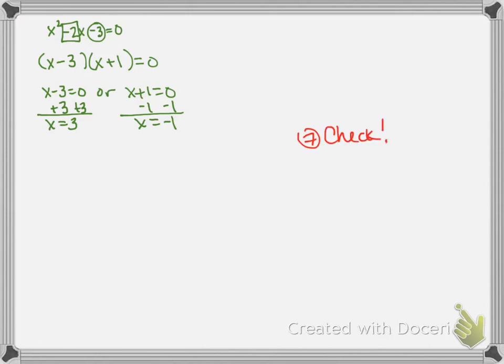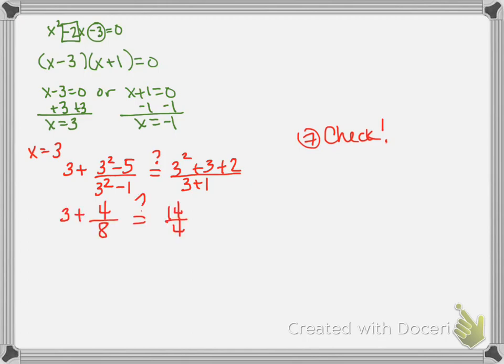But don't forget, we need to check. So let's first check x equals 3. And we're going back to our very original equation. So substituting in 3 for x, 3 plus 3 squared minus 5 over 3 squared minus 1. Does that equal 3 squared plus 3 plus 2 over 3 plus 1?